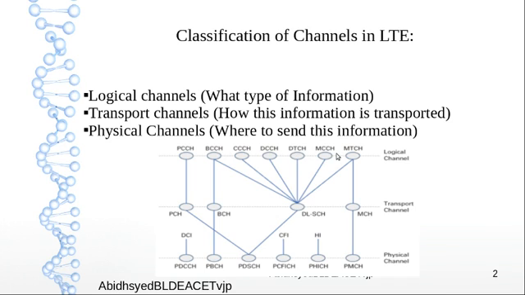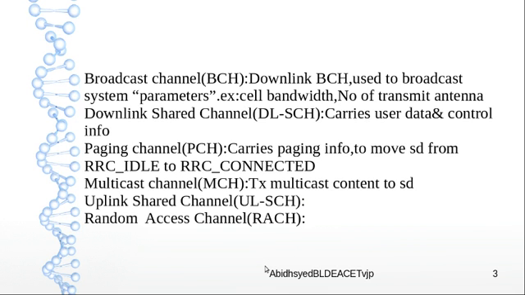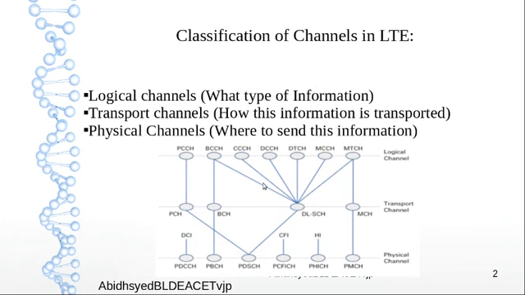All these different logical channels are being mapped to a typical transport channel, say DLSCH, right? This transport channel is then mapped to the physical channel PDSCH. Now let us see a few channels which are there in this figure.